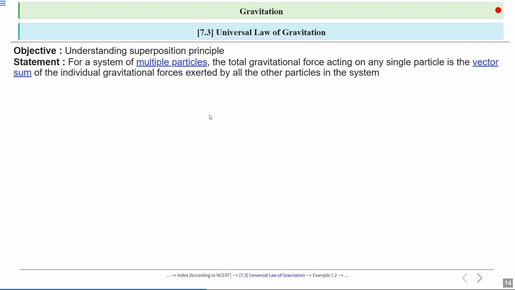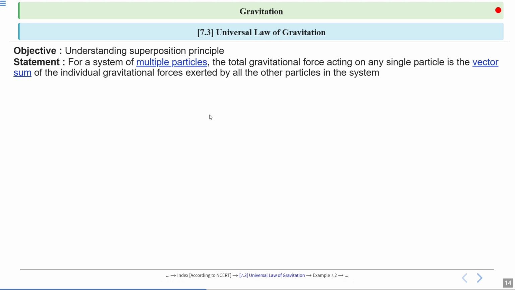Now, we will study the superposition principle in the context of gravitation. This principle is important. It helps us predict the behavior of complex systems by considering the forces between individual particles. So, let's start with the statement.